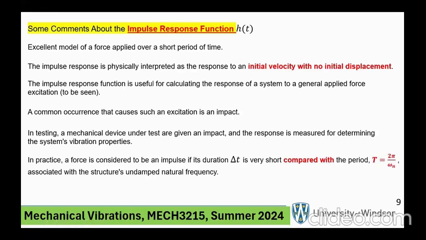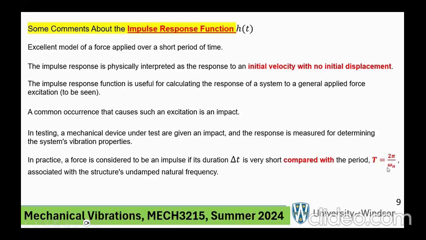We have to be very careful about this business of a force acting over a short duration of time. What does that mean? What is short? For now, let me say that when we say delta t is short, it is compared to this number, which is the period of oscillation of the undamped system.